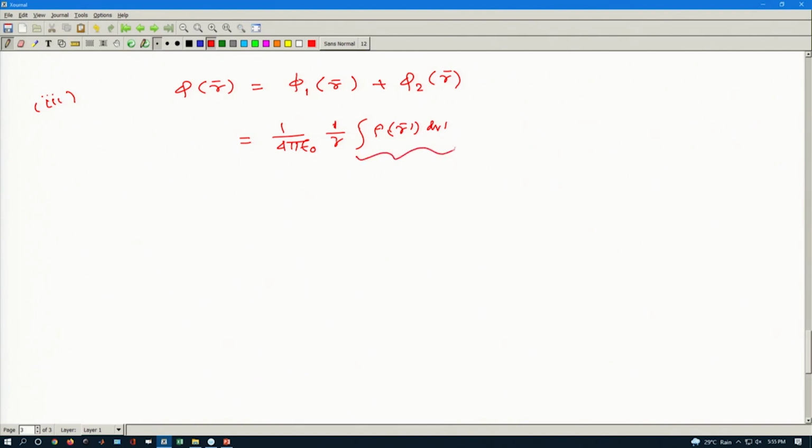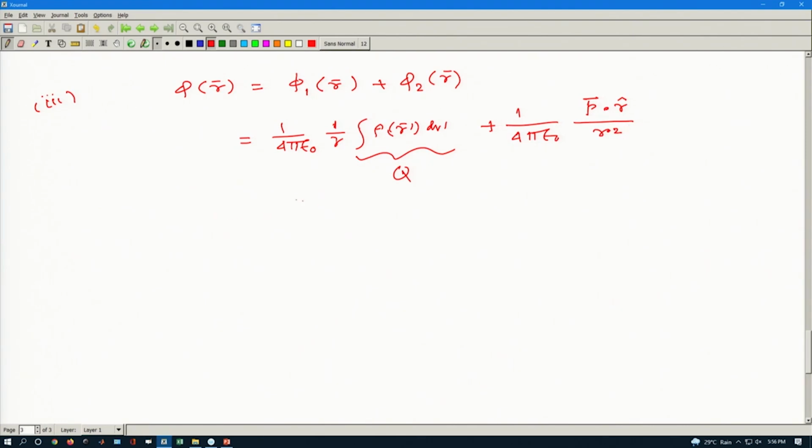This is my monopole moment, which is total charge q, plus 1 by 4 pi epsilon naught, and then I have p dot r unit vector divided by r square.